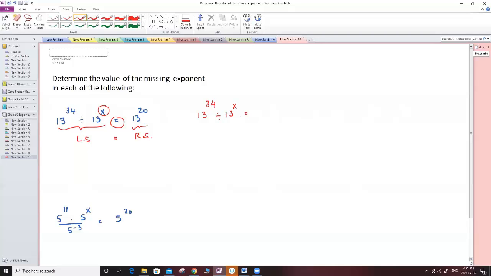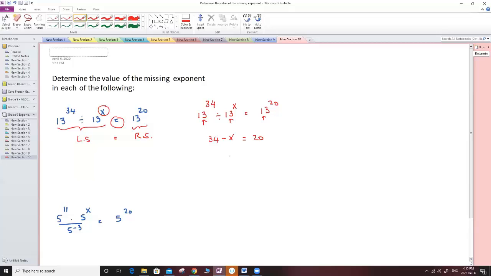Since these two terms equal 13 to the power of 20, and since I have the same base, that means I can take the exponent and say 34 minus, because I'm dealing with division, x has to equal 20.